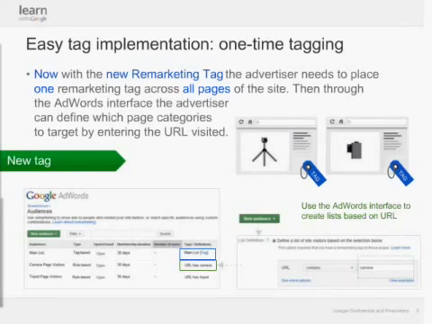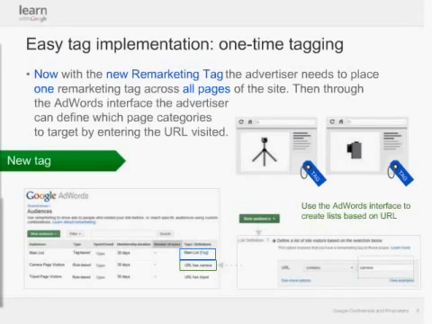Because this site has camera and tripod within their website URLs, we can base lists on that. So every time a user hits a web page on your site with the word camera in it, we can create a list off of that, and now you only need one tag for multiple lists, when in the past you needed multiple tags for multiple lists.